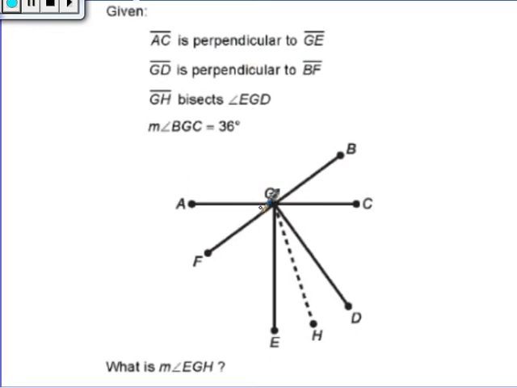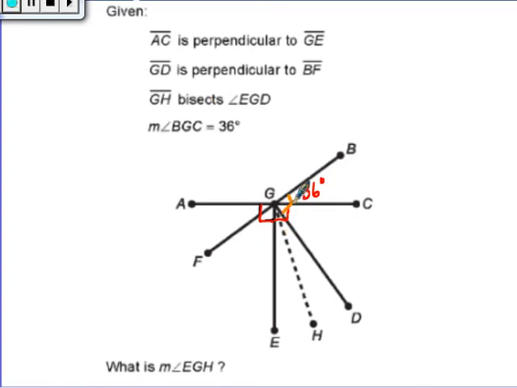AC is perpendicular to GE. That makes this a right angle. Let's do it in red so we can see it better. This would be a right angle, and this would be a right angle. I'm going to go ahead and put BGC. BGC is 36 degrees. We're also given that GD, which is this, would be perpendicular to BF.